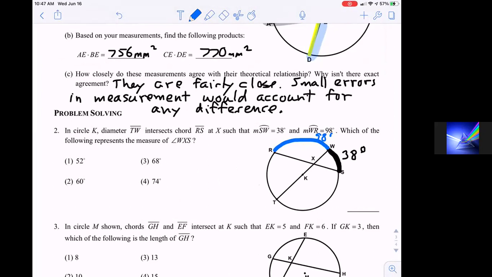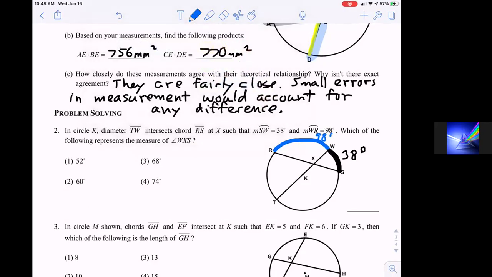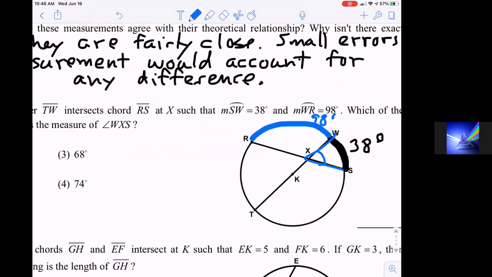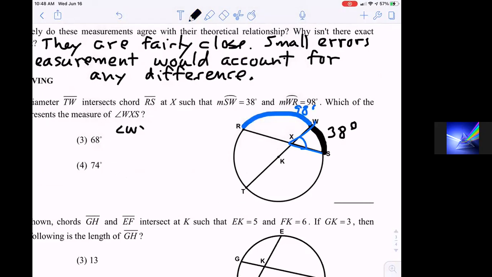Now it says, which of the following represents the measure of angle WXS? Well, WXS is this angle right here, which is the same as this angle here. They're vertical angles. Okay, but to make this calculation, angle WXS, which is the interior angle right here, is going to be the sum of my arcs that intercept it.